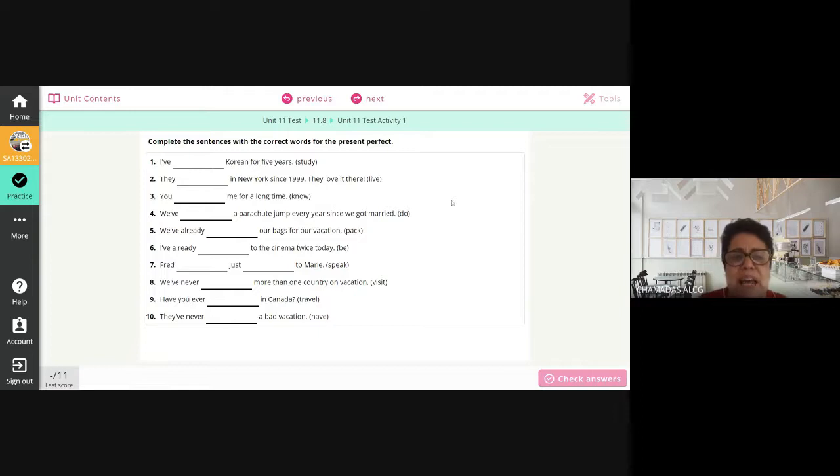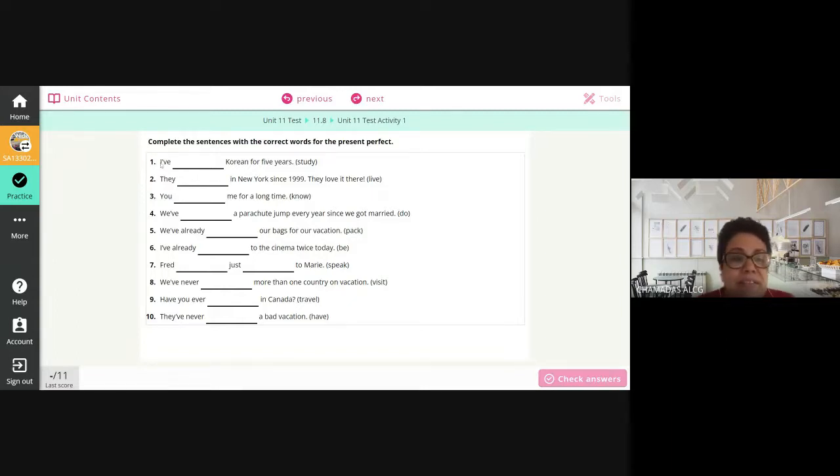So Unit 11, as you know, talks about the present perfect. Do you know how to form the present perfect? Do you remember? We use the auxiliary verb have or has and the main verb in the past participle. Okay, very good.